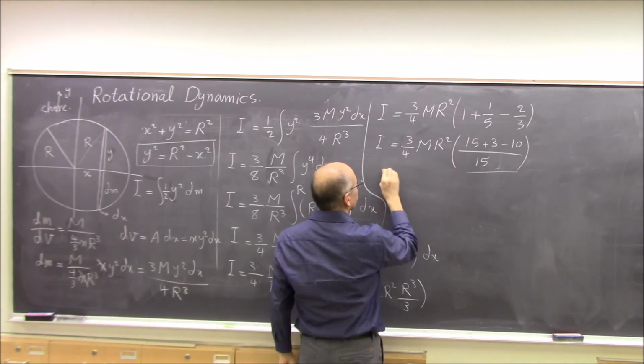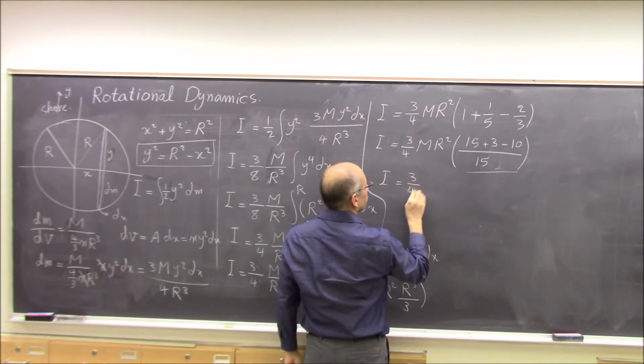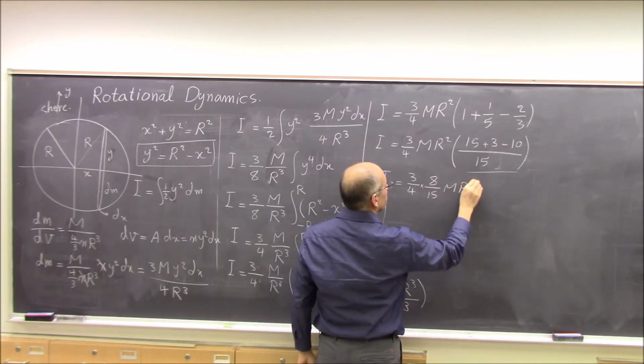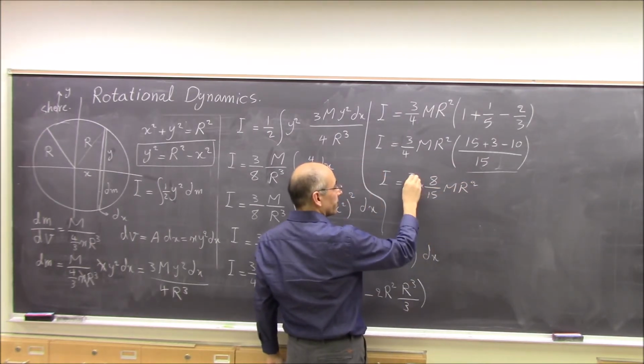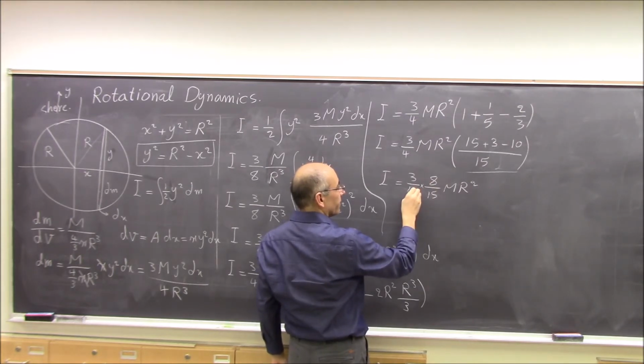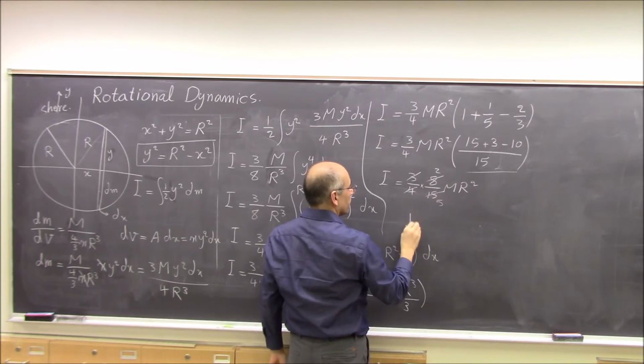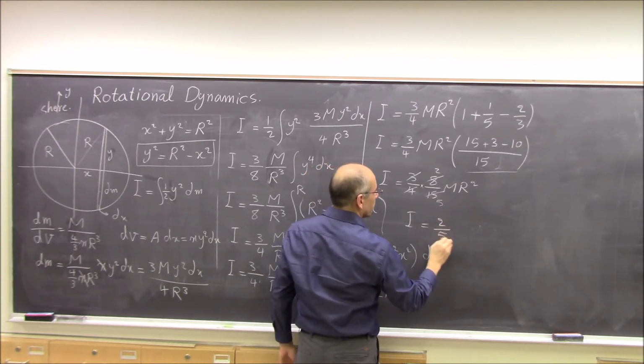So I becomes 3/4 times 8 over 15 m r squared. So this gives you a 5, this gives you a 2, right? So I becomes 2/5 m r squared.